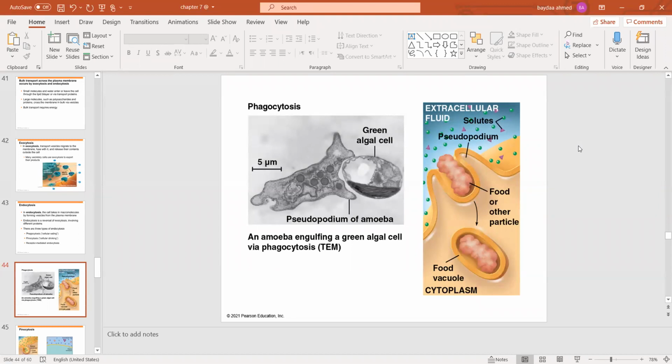In phagocytosis, a cell engulfs a particle by extending a pseudopod, singular pseudopodium, around the particle, a food particle, and packaging it within a membranous sac called the food vacuole. The particle will be digested after the food vacuole fuses with a lysosome containing hydrolytic enzymes.